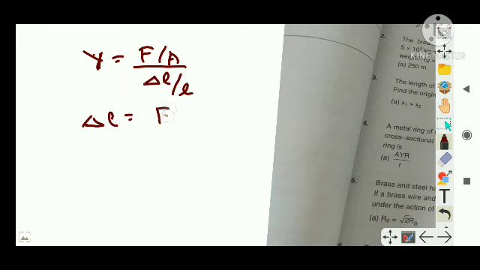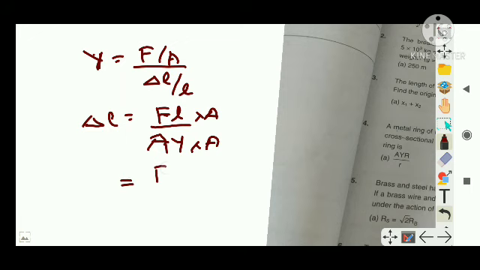So Young's modulus is force per unit area by delta L by L. From here I can write delta L is equal to FL divided by AY, right? Now what happens if I multiply A upstairs and downstairs? It becomes length into area, that is volume, right?